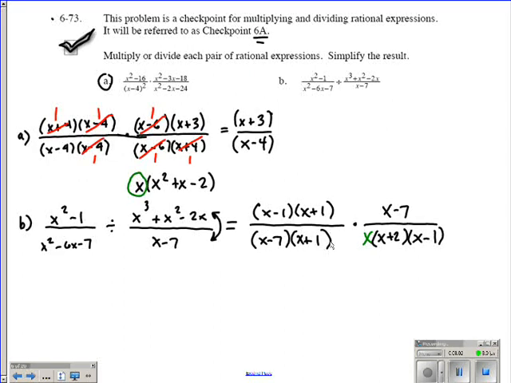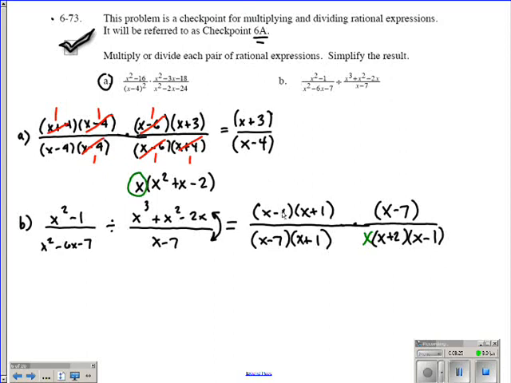Now that everything is factored, we can look to simplify this because it's in the form of multiplication here. So remember, when you're multiplying fractions, it's like it's one big fraction. So we have binomial, binomial, binomial, binomial, binomial, monomial, binomial, binomial.